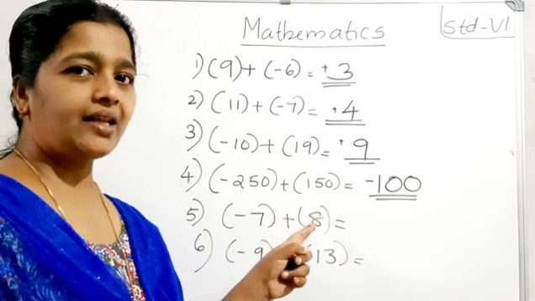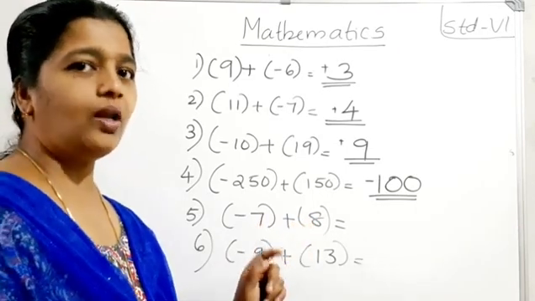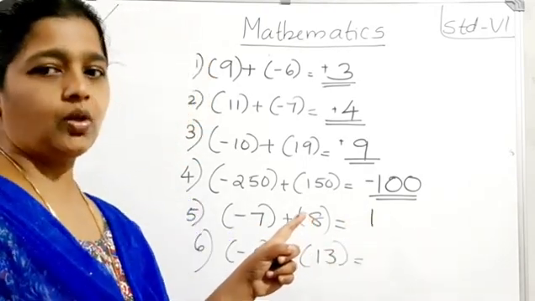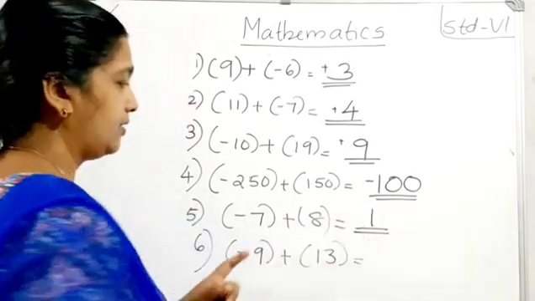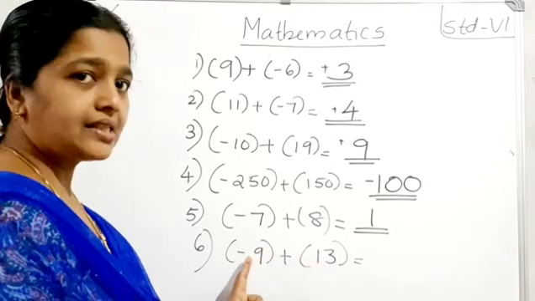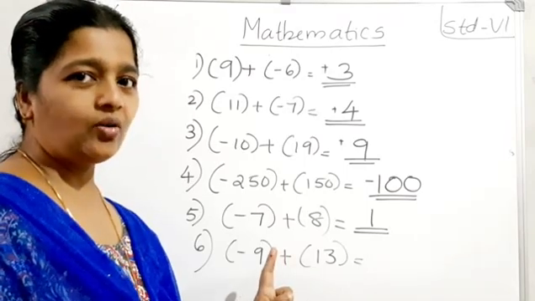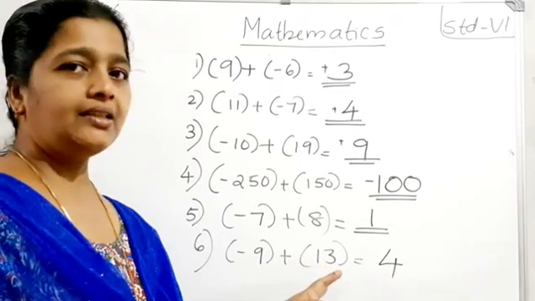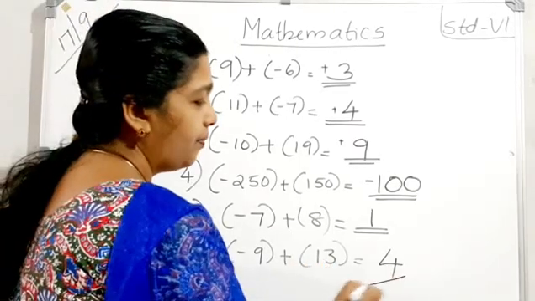Subtract the greatest number minus the smallest number. 8 minus 7 equals 1. Which is the greatest number here? 8. So we put the positive symbol. Plus symbol. We can put it or not, no problem. Next. 13 and -9. Say the answer. 13 minus 9 equals 4. And which is the greatest number? 13. Which symbol is there? Plus. So the answer is plus 4.